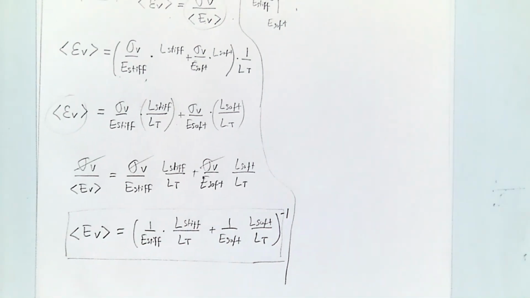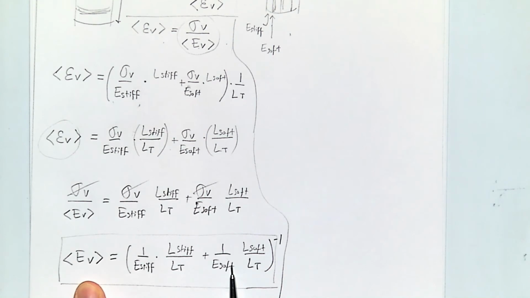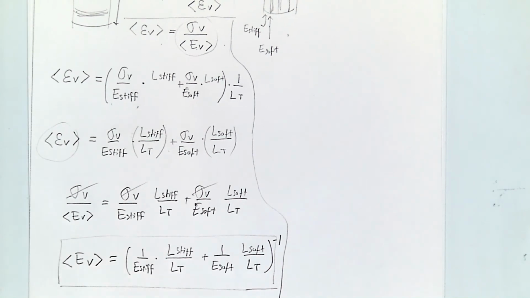So if I know how much of the stiff section I have and how much of the soft section I have, and I know the individual Young moduli, I can calculate the vertical Young modulus. And I can do the same for the horizontal one.